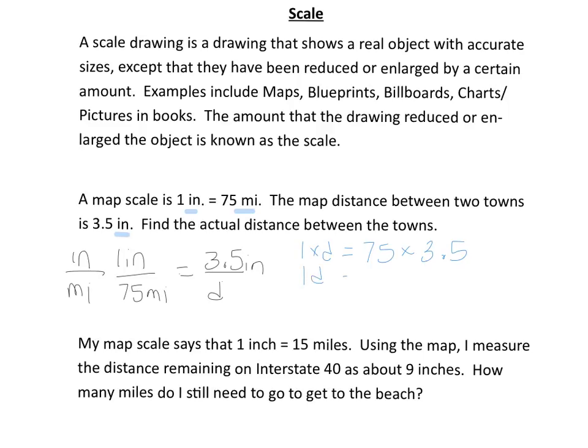So 1d is equal to 262.5, which we would divide by 1 to find out that d is equal to 262.5 miles.